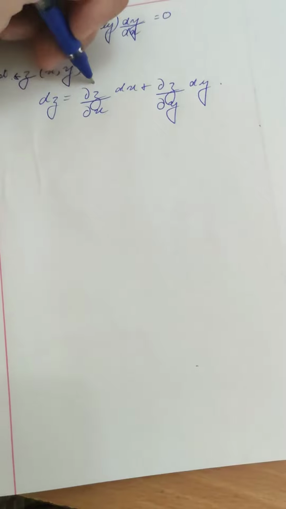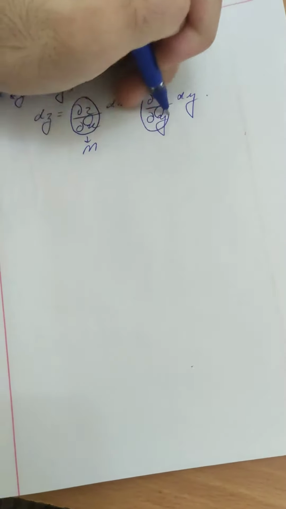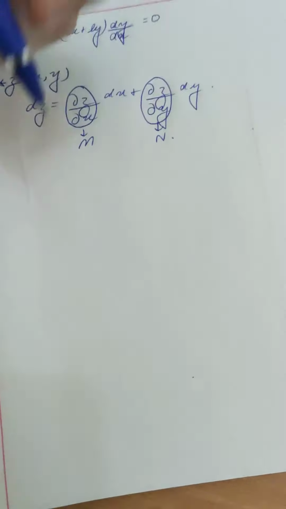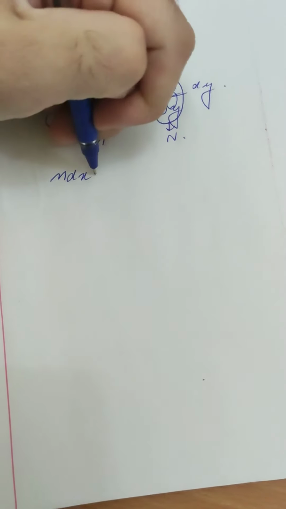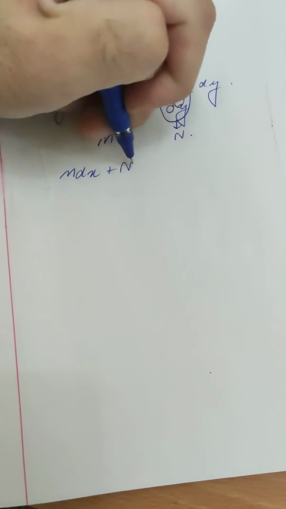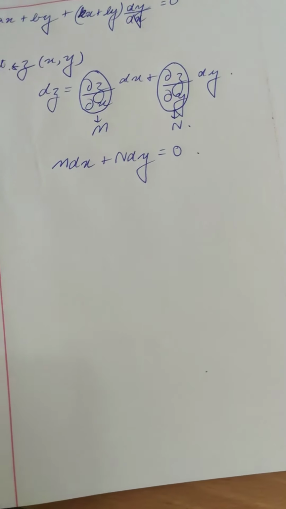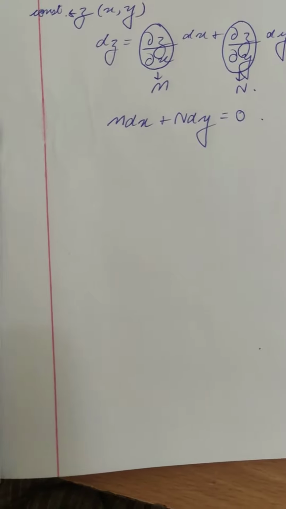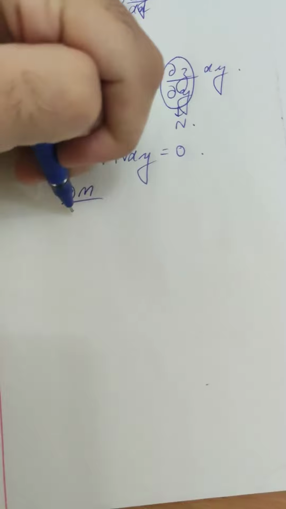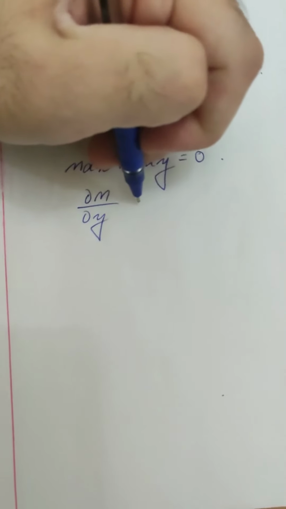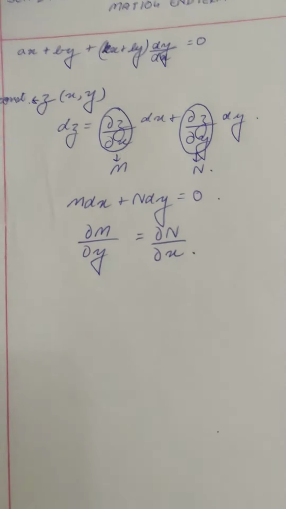So we can take this term as M and this term as N. Now we know that M dx plus N dy equals 0, right? Now this would be an exact ODE if the partial differential of M with respect to y is equal to the partial differential of N with respect to x, right?